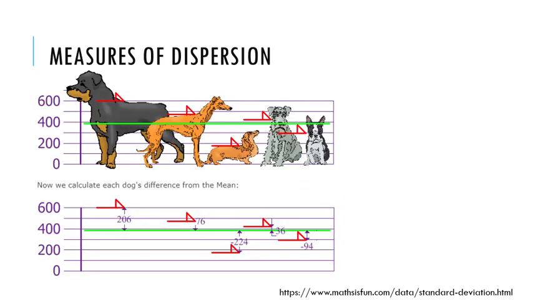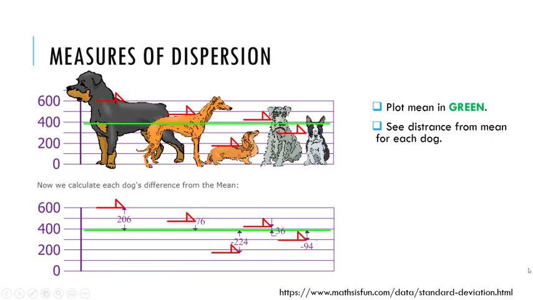Now, I've plotted my mean there in green. And just as I said, we're going to have some dogs below the mean, some dogs above the mean, and some dogs that might be close to the mean. So I've got my mean in green. And now I can look at the distance from the mean for each dog.